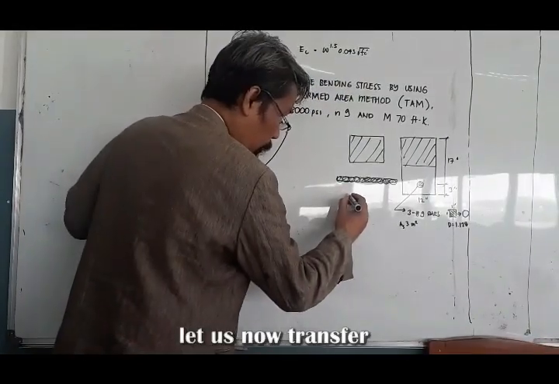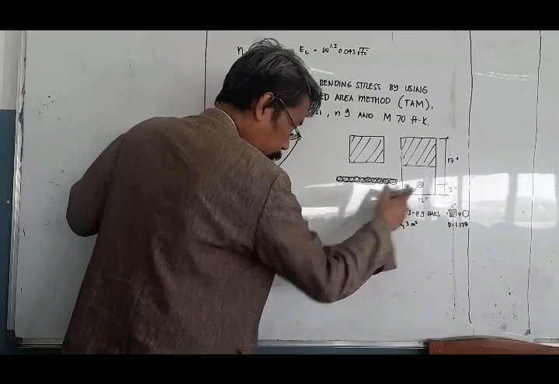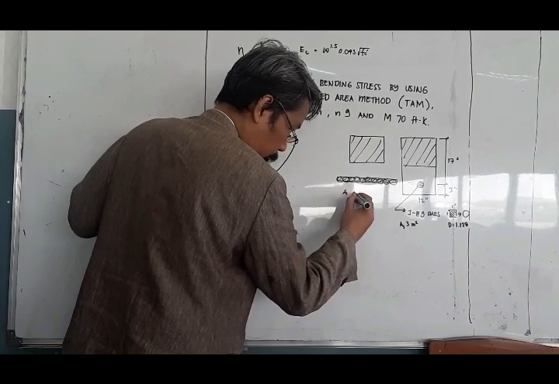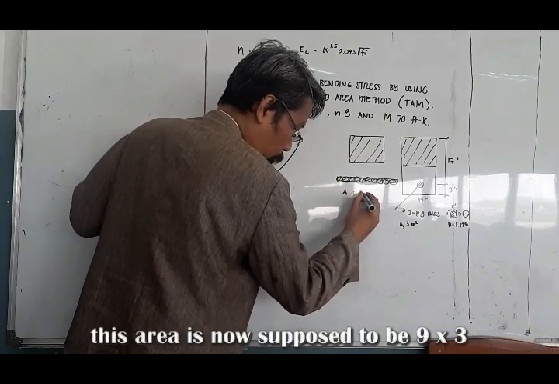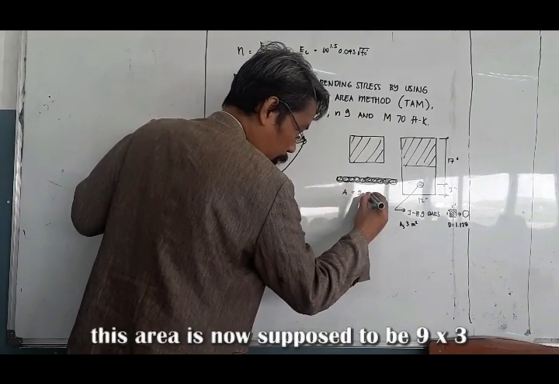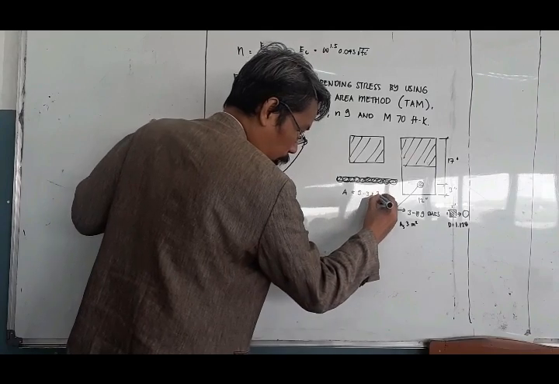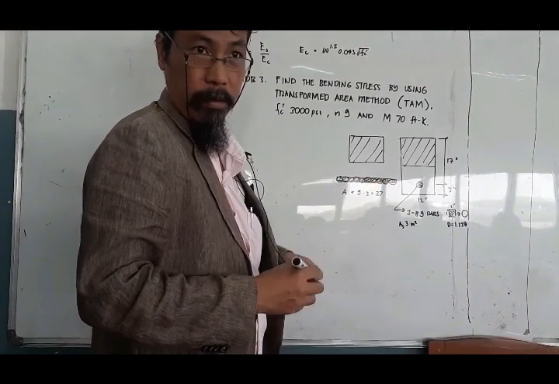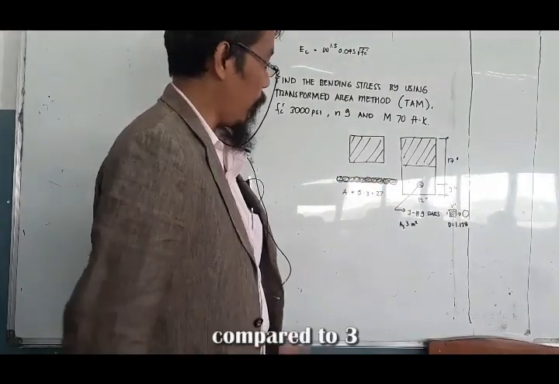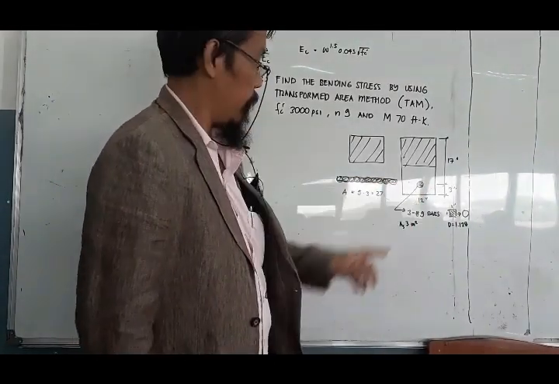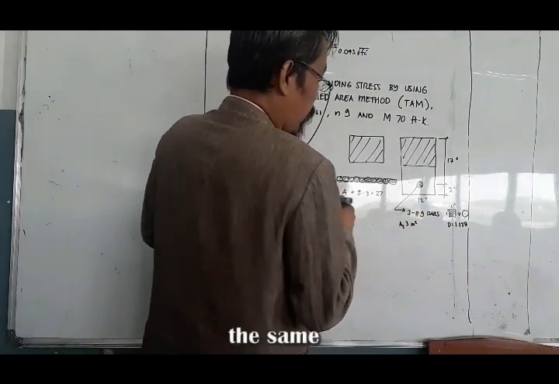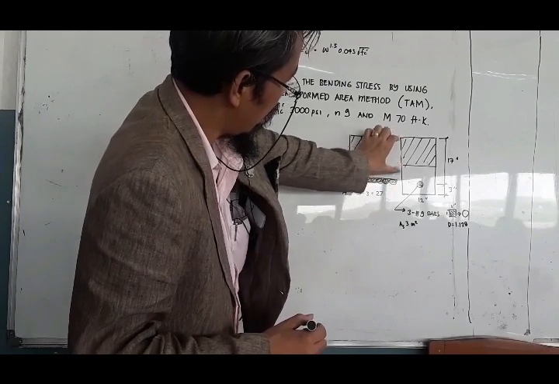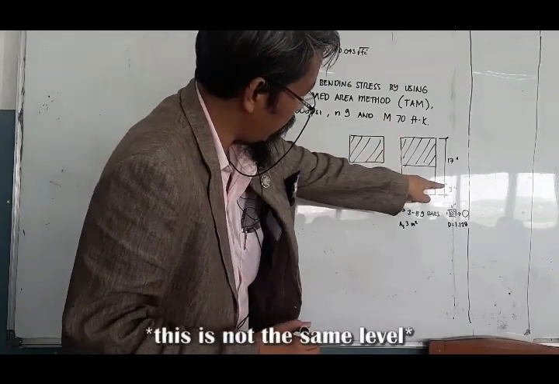Let us now transfer the area here. This area is now supposed to be 9 times 3, which is 27, compared to 3. With the same dimension, this is on the same level.